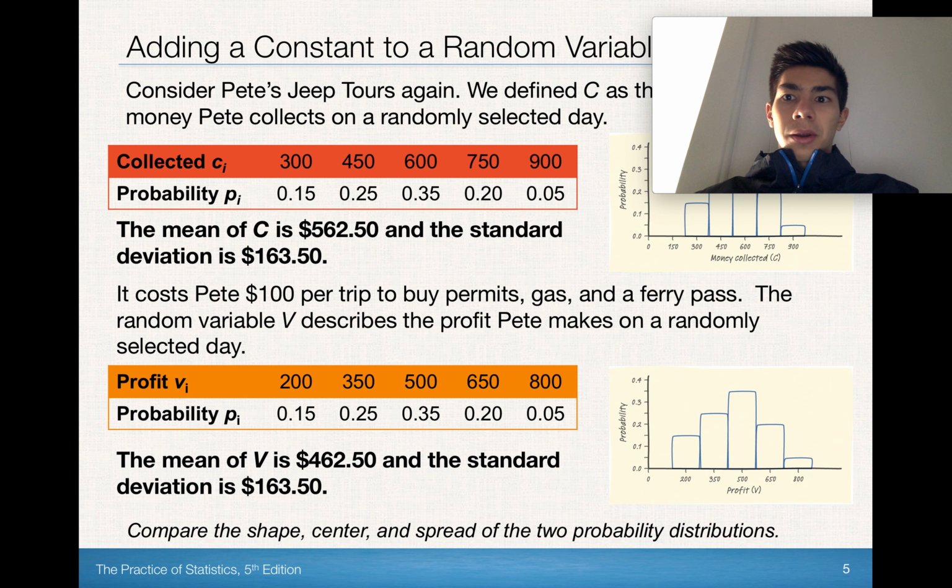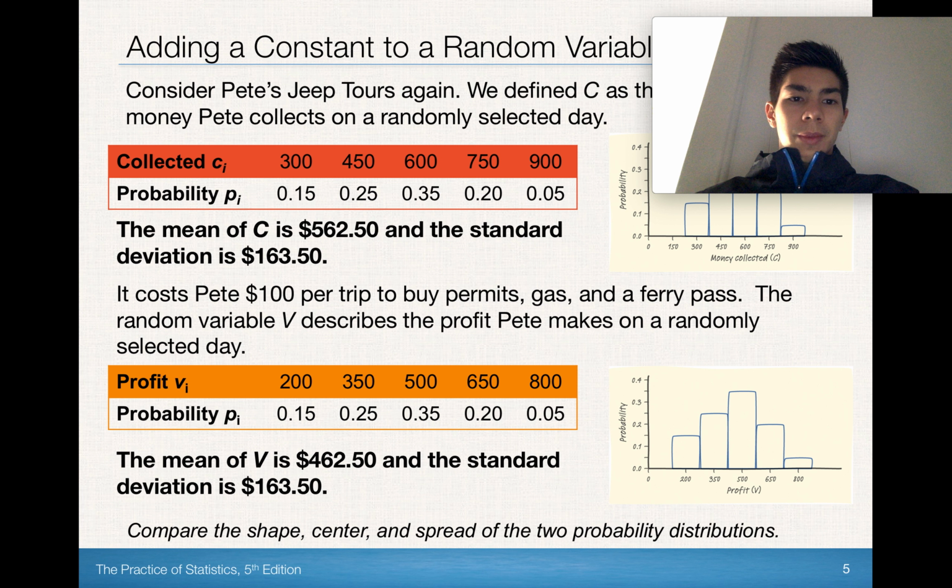We've subtracted $100 from his revenue, so we can expect his profit to be $100 less. And you'll notice that the standard deviation has not changed. It has remained the same. And that is something that will happen any time that we are adding or subtracting a constant. Our measure of spread, our standard deviation, will not change.